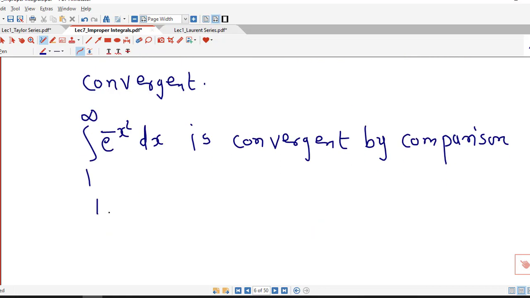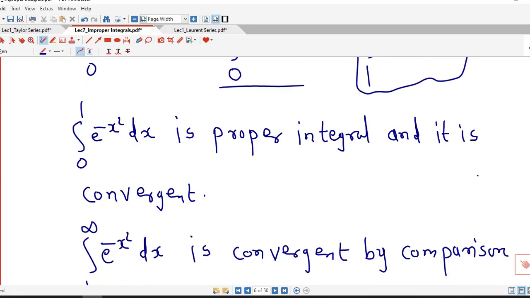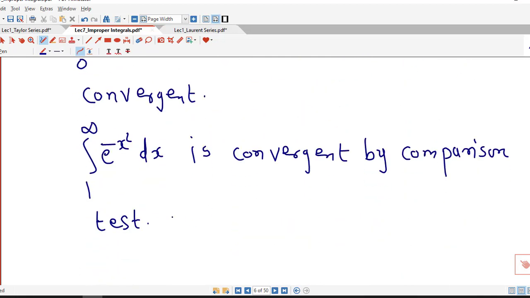So if you are asked to check the convergence of this integral, you have to prove that this integral is convergent by comparison test as we did in the previous example. So you have to write all those steps which we have done in the previous problem. Here I am just writing because I have already done it in the previous example.